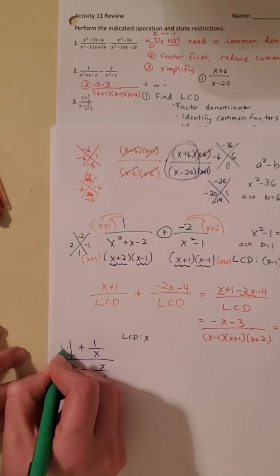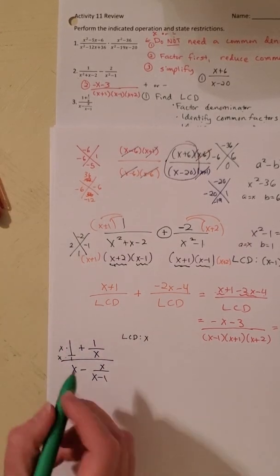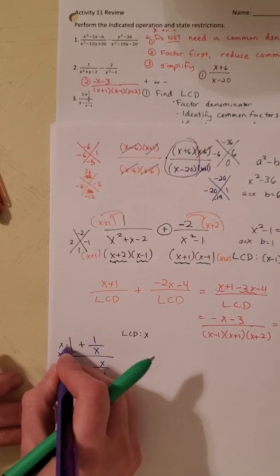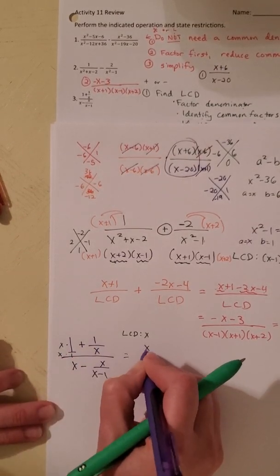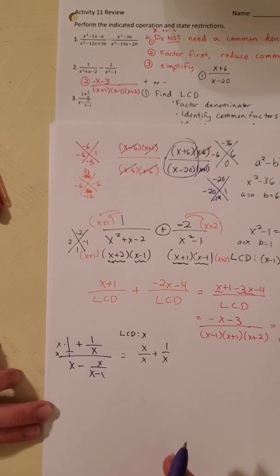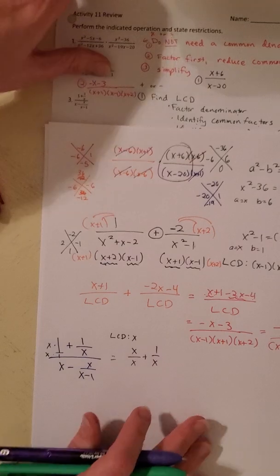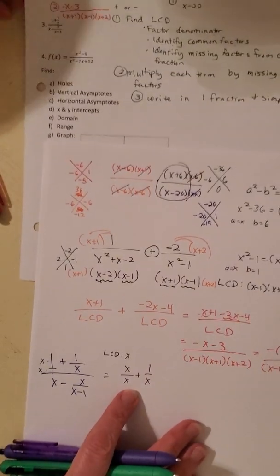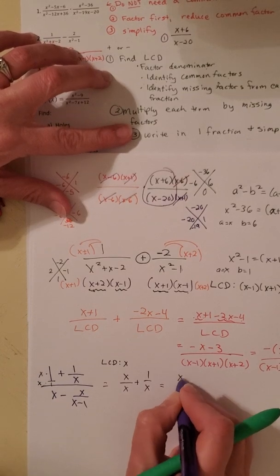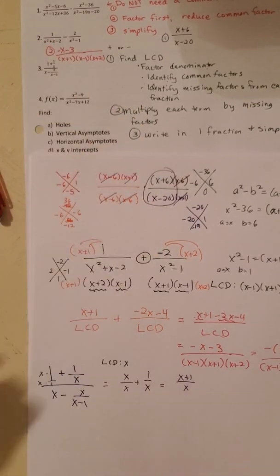I need to multiply this one by x over x. Anything I do to the denominator, I must do to the numerator. And so in the numerator here, I get x over x, and then plus 1 over x. And then remember, now that I've got my common denominator, now I write it in one fraction and simplify. So this is x plus 1 over x.